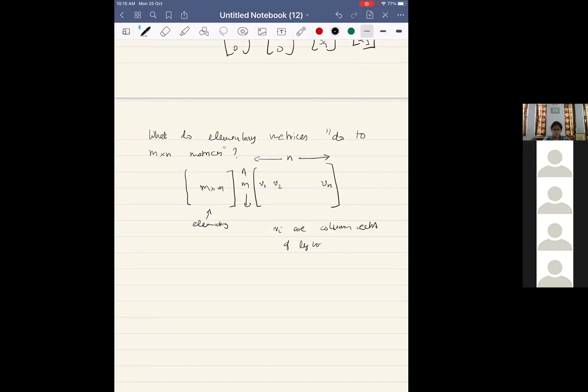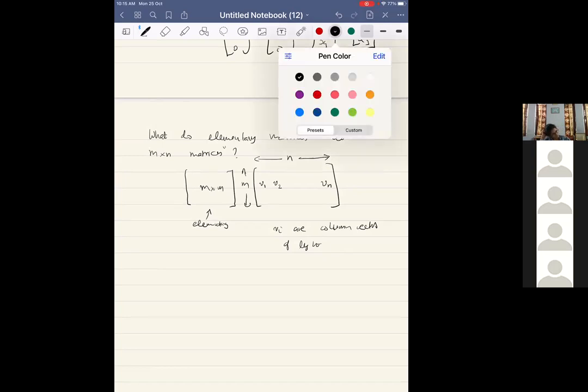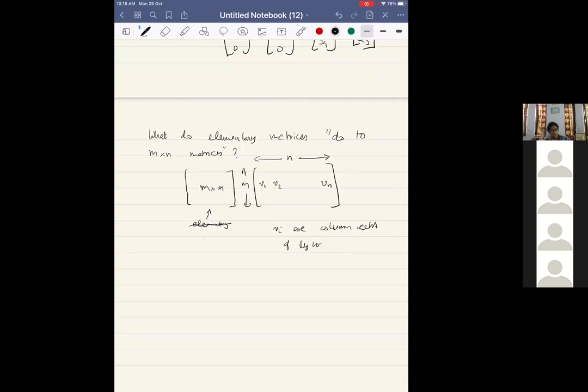Now take any matrix that need not be elementary. So let me just cross out the elementary here. Call that matrix A. Call this matrix B. So B consists of these n column vectors. AB has a very simple description. I take the first column vector V1, multiply by A on the left, take the second column vector V2, multiply by A on the left, and take the nth column vector Vn, multiply by A on the left.